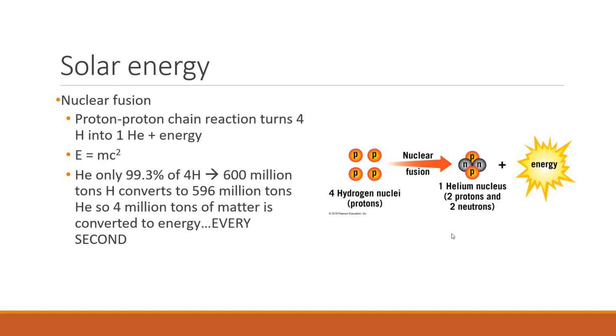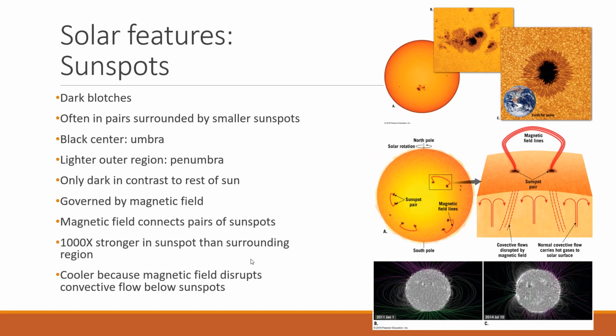And energy is going to be that matter times the speed of light squared every second. Our sun is an energy producing machine. So we produce significant amounts of energy constantly. There's a reason why it is powering the entire solar system.